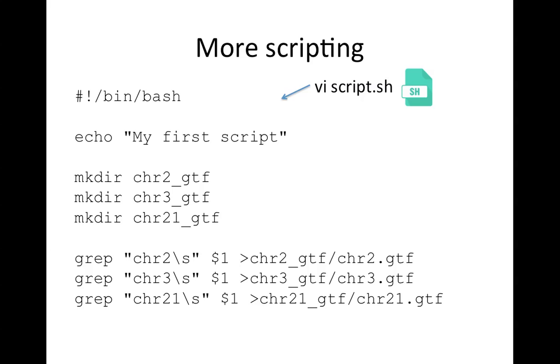Then we can check the number of lines, first lines, last line to make sure that everything is right. I got this, can I create a directory? I think it's because they already exist, I forgot to remove them. Okay, just go to any directory and check if you go to chromosome 21, see if the file is there and how many lines it has. Okay, everything looks as expected.